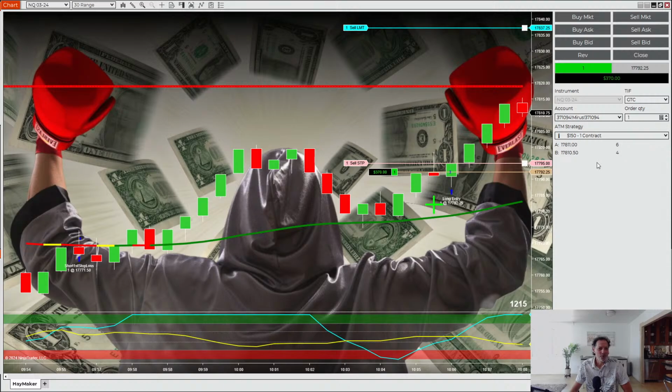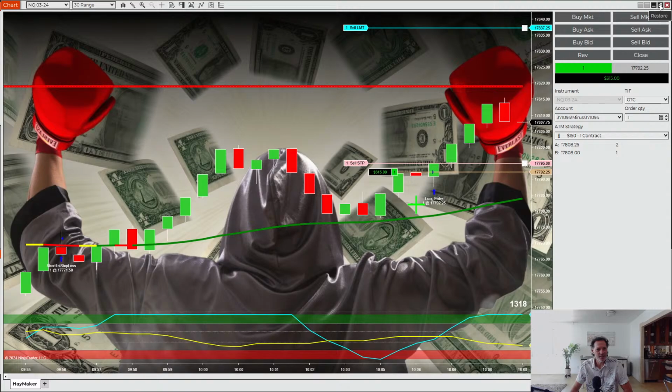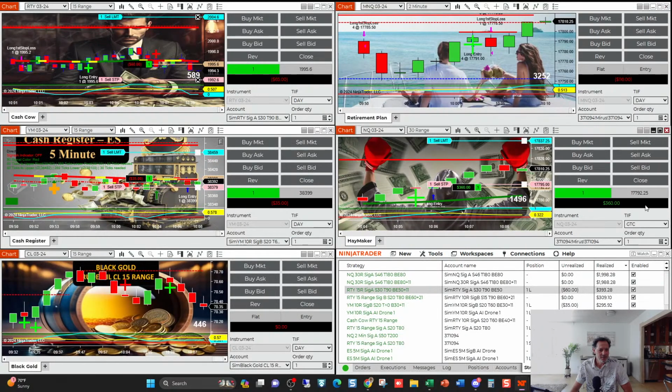But it's way better than hitting the button to take the trade, because I've lost a lot of money taking trades manually, and this is the one solution that I found that I don't lose money, which is unbelievable, because I was really good at it. So we'll see how this one goes.